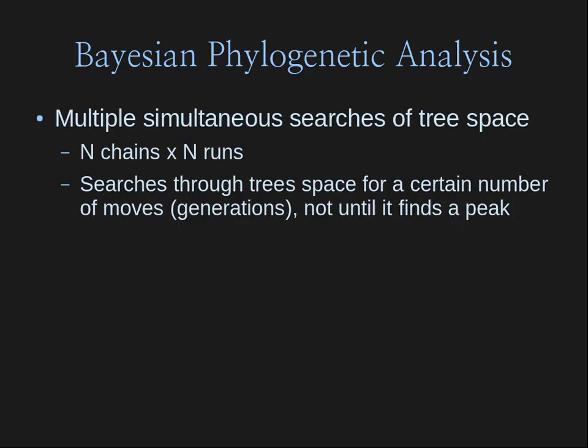What we're doing is, instead of going until we find the best spot, instead of moving around until we find the peak, we're going to move around for a certain number of generations. This should be familiar to you after doing this yesterday. You set a certain number of generations, or a certain number of moves through tree space you're going to make, and you let the algorithm run for that many.